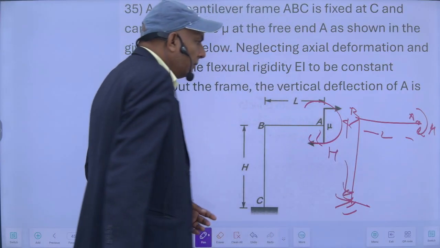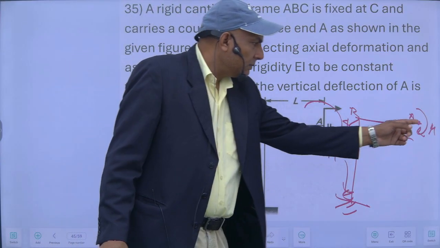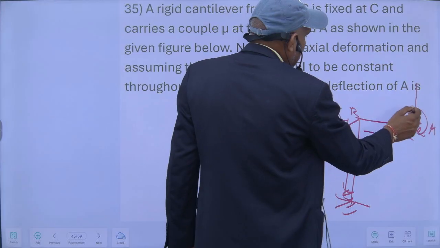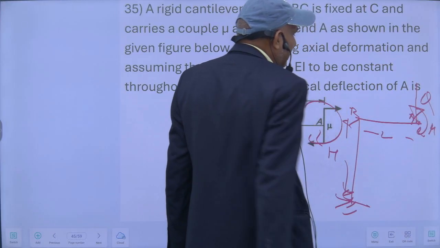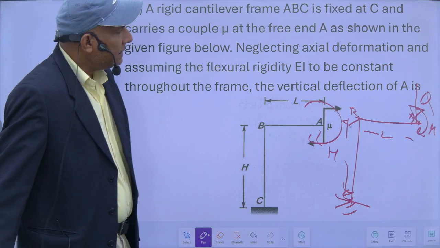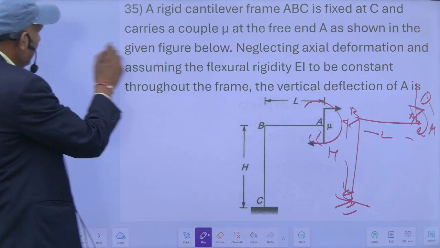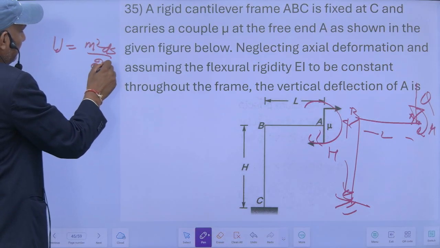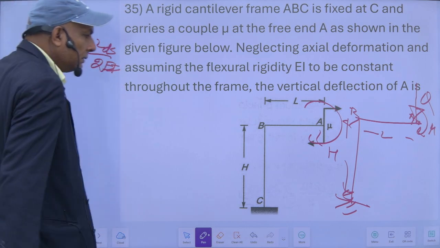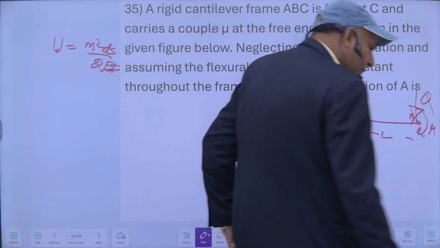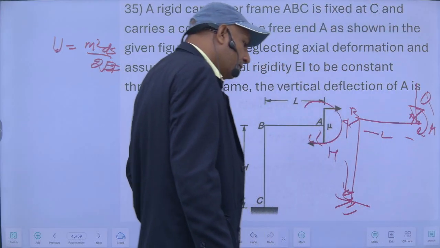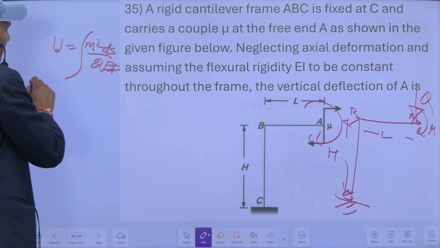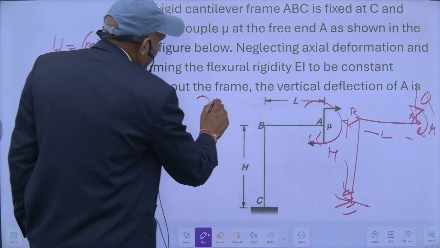Now for the vertical deflection at this point, I will put an imaginary load Q and apply Castigliano's theorem. My strain energy is equal to the integral of M square dx upon 2EI. This is the formula for strain energy, and delta U upon delta Q will give the deflection.